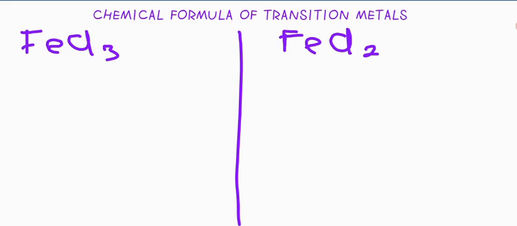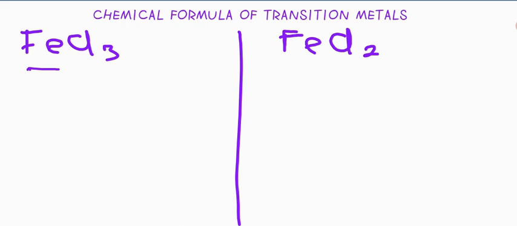write the name of a transition metal compound. We first have to find out the charge of the transition metal. In this case, we have iron. Find out the charge of the transition metal in that compound.